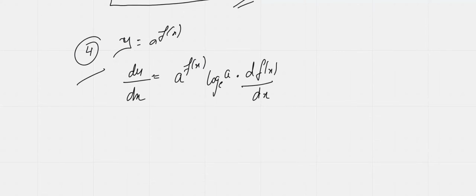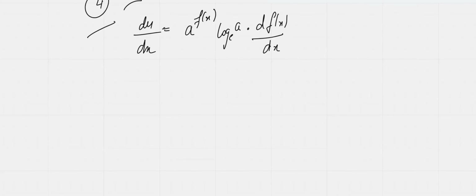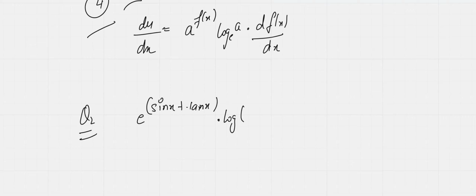I'm giving you one differentiation to do. Just solve and get me the answer. So it is like e to the power sin of something, multiplied by log e of e to the power cosec x.